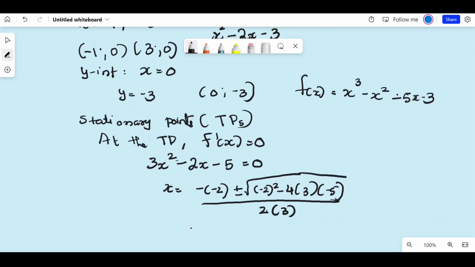That is the formula. So you get the final answer, x equal to 5/3 or x equal to -1.